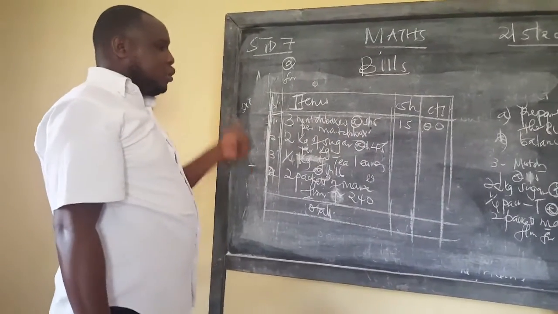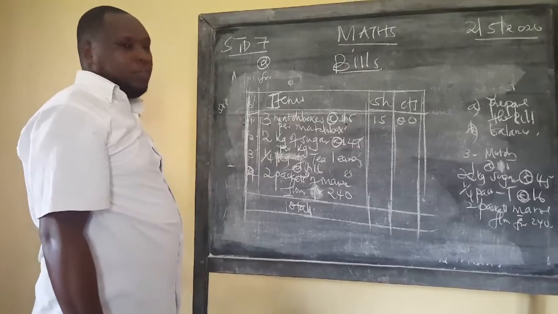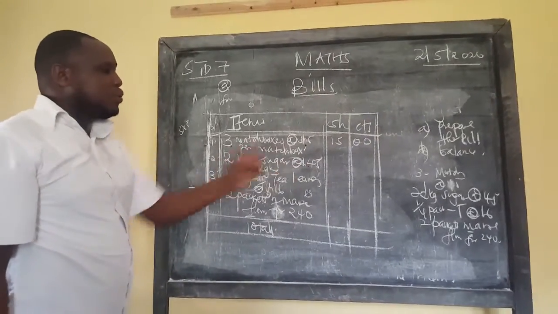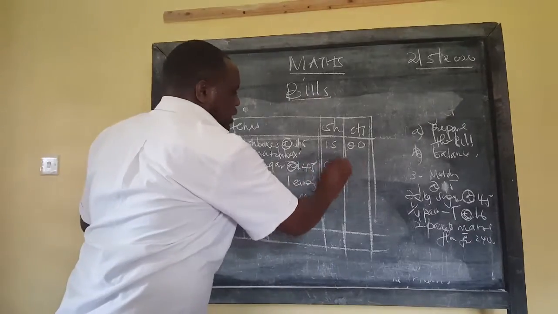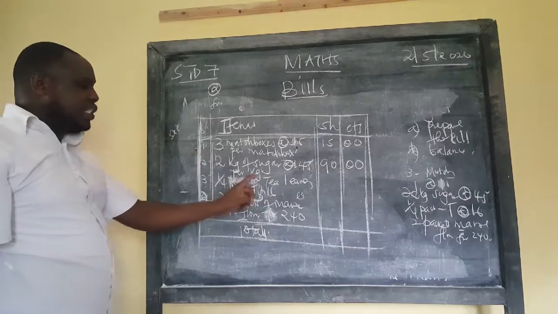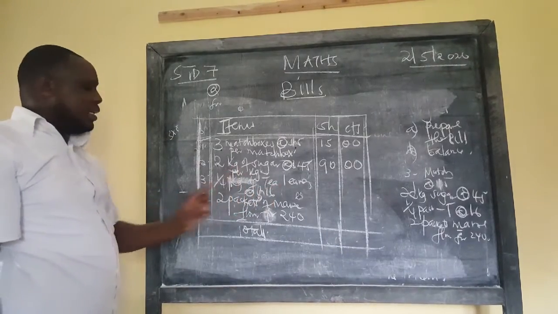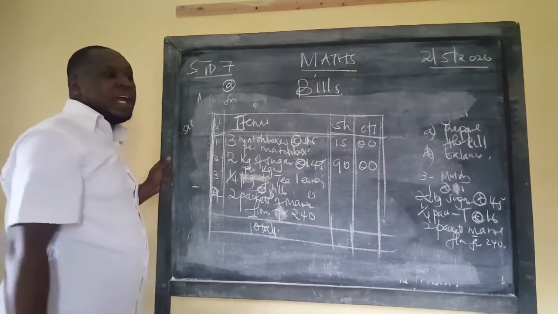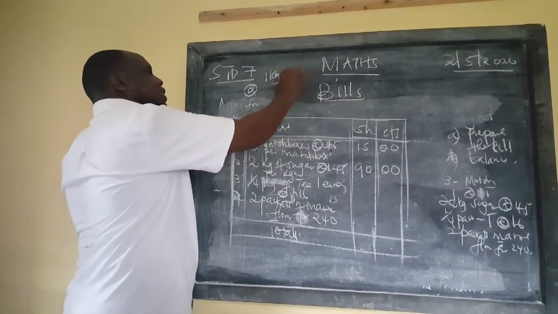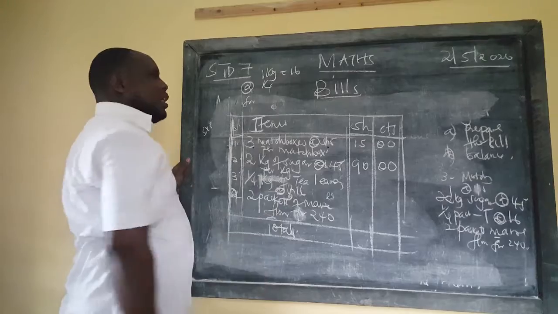Next, 2 kg of sugar at 45. 1 kg is costing 45. So if there are 2 times 45, you get 90 shillings there. Then a quarter kg of tea leaves at 16. So this at is for 1 kg. If 1 kg is costing 16 shillings, what about a quarter kg?